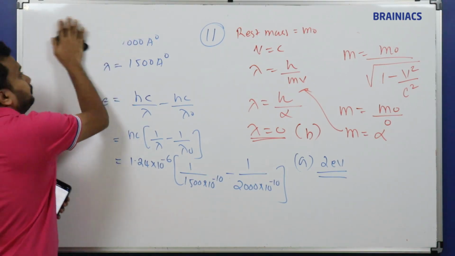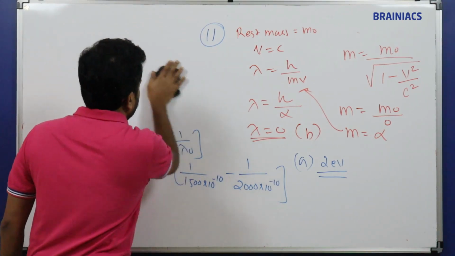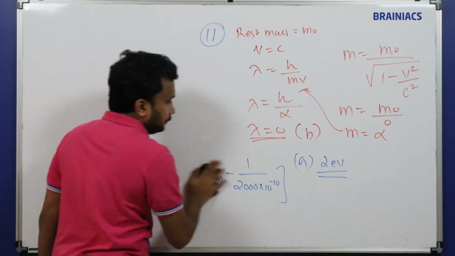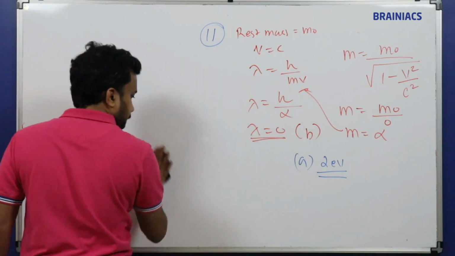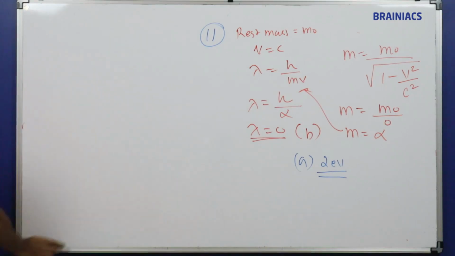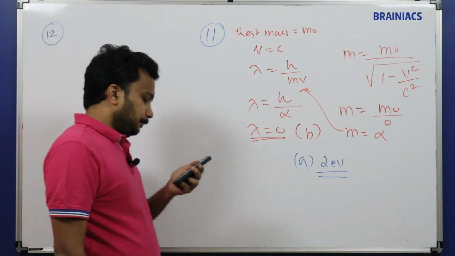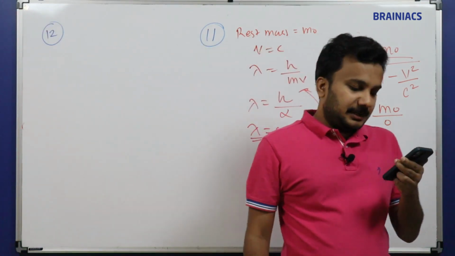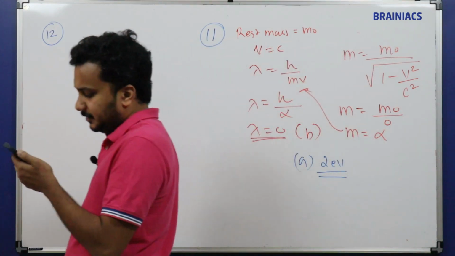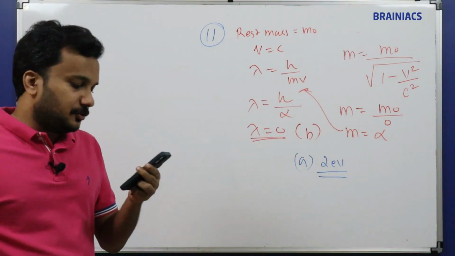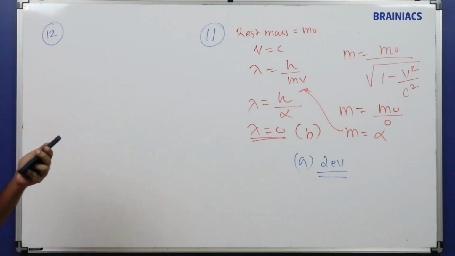So let's move to the 12th question. In a photoelectric emission with light of wavelength lambda, the fastest electrons are moving with a speed of v.